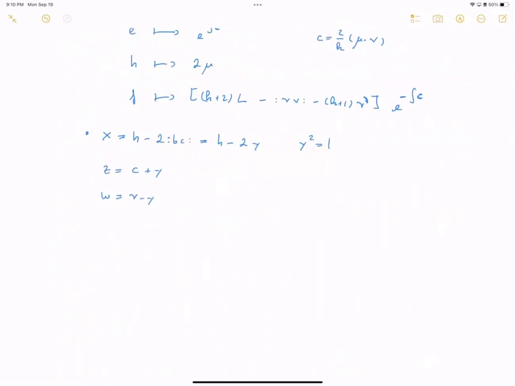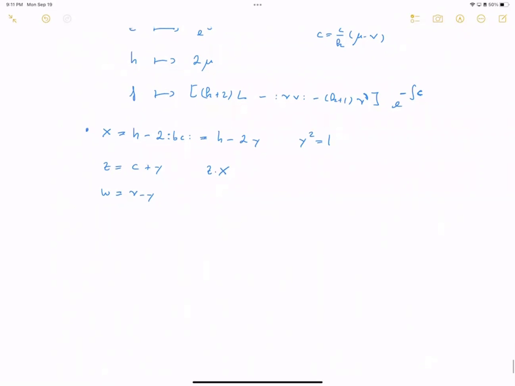What did I? So then this ensures especially that Z is in the coset, and one second, I think W is not quite right.